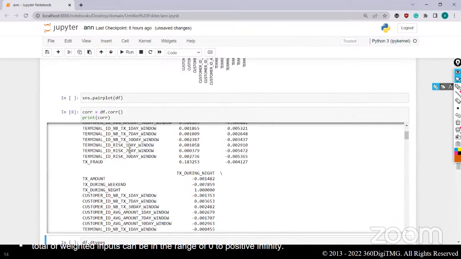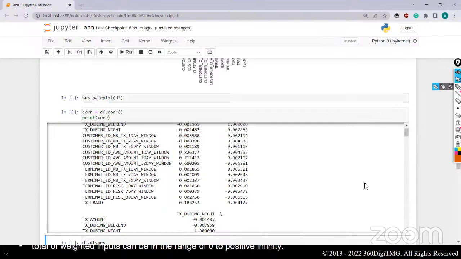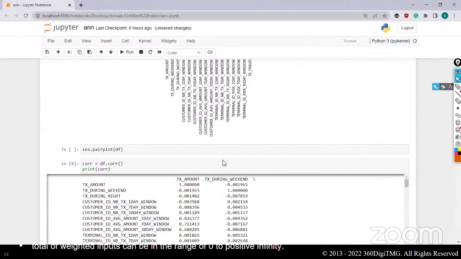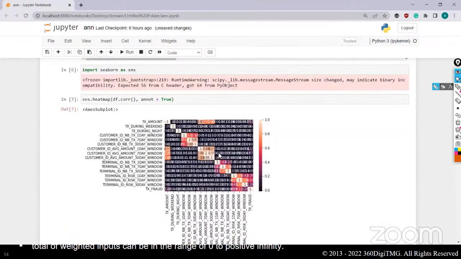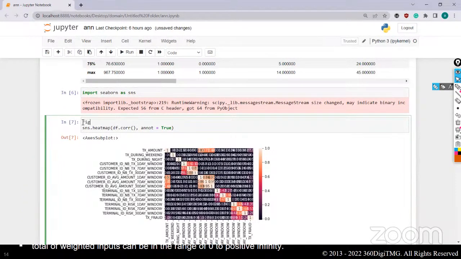So this is our correlation matrix. Again, because we have 16 columns, it is difficult to read. But for the amount, this is the correlation. For transactions during the weekend, this is the correlation. All right. So here, just try something.